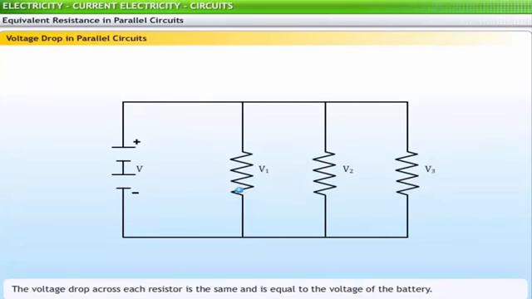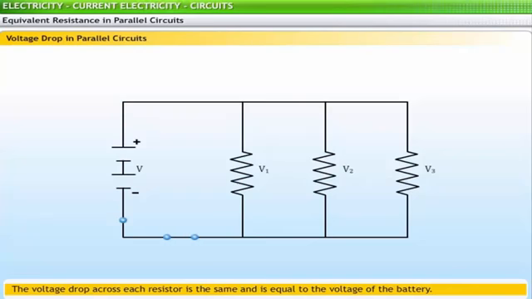In a parallel circuit, a charge does not pass through every resistor. Rather, it passes through a single resistor. Thus, the entire voltage drop across that resistor must match the battery voltage. It doesn't matter whether a charge passes through resistor 1, resistor 2 or resistor 3.